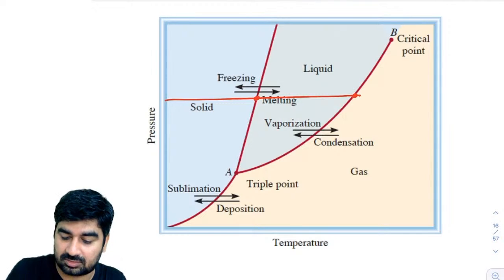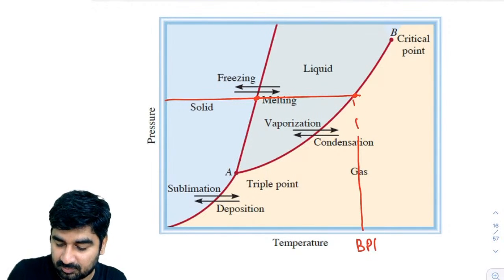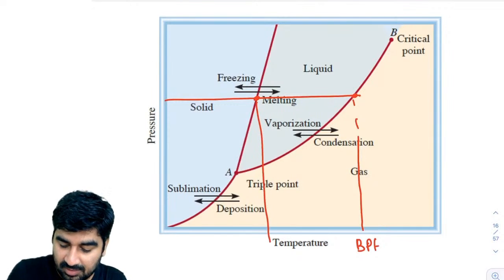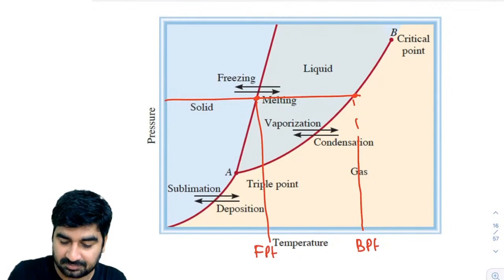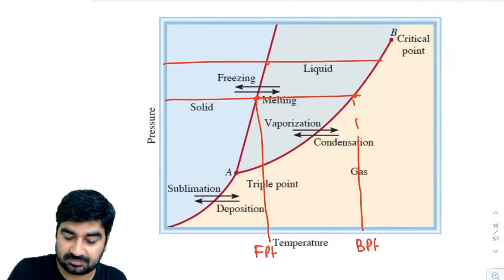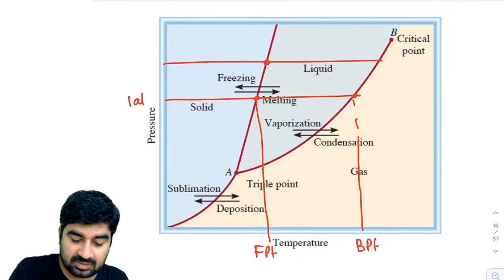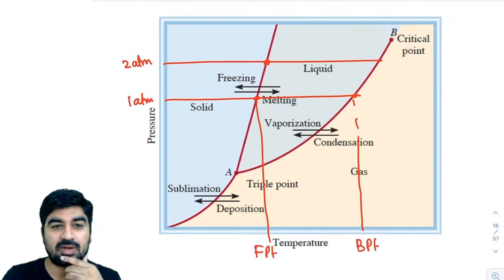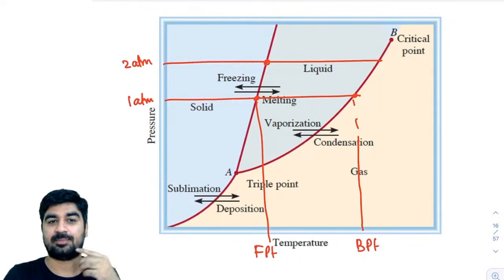Actually, if I talk about boiling point, so this is boiling point and this is freezing point. Suppose now I'm increasing the pressure. Sorry, this is 1 atm, this is 2 atm. Now what will happen, guys?